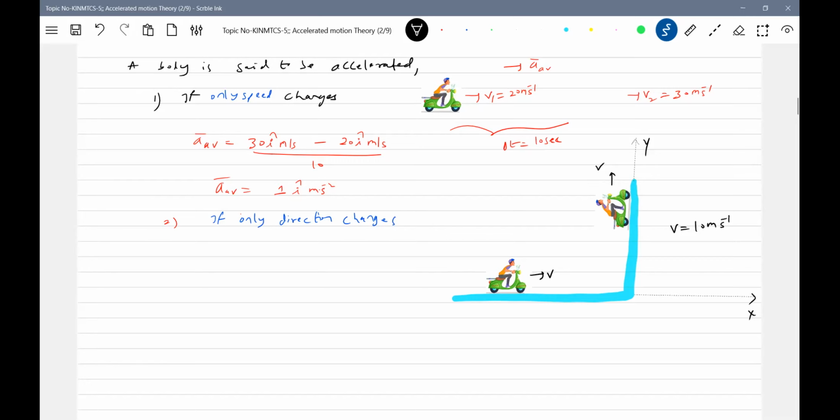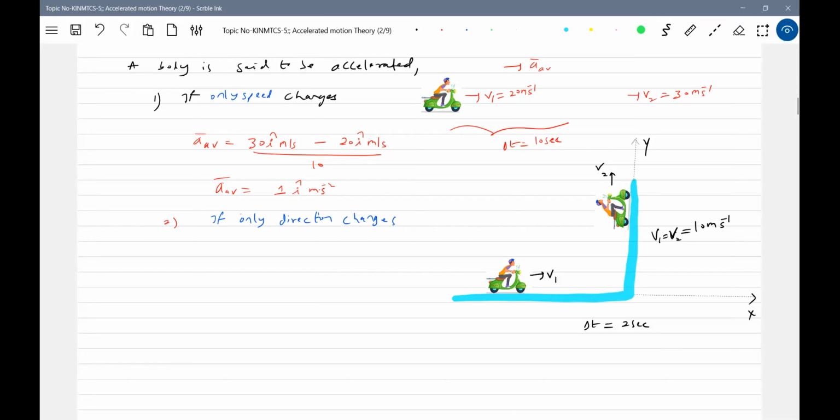What is the time he will take to change the direction of motion? Let it be 2 seconds. Within 2 seconds, he'll take a turn. Let's see how the acceleration will be directed. So what is our basic definition? This will be v1, this will be v2. v1 equals v2, equal to 10 meters per second. Only the direction of motion changed.